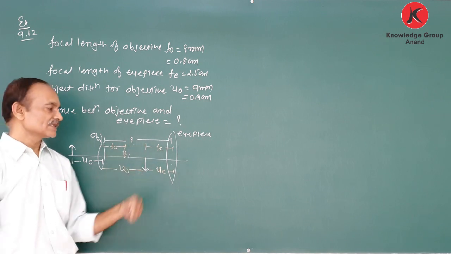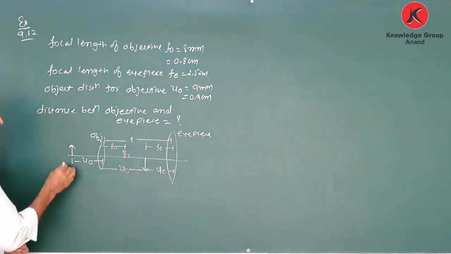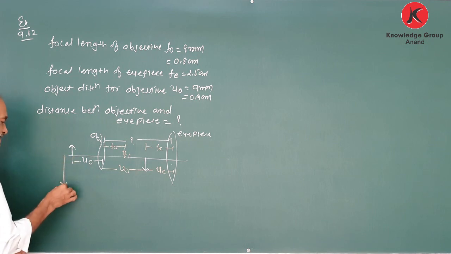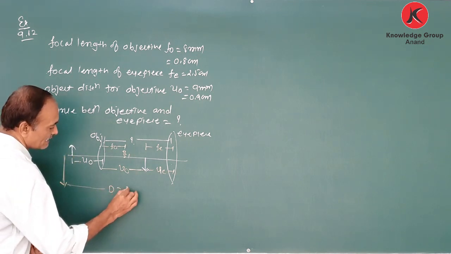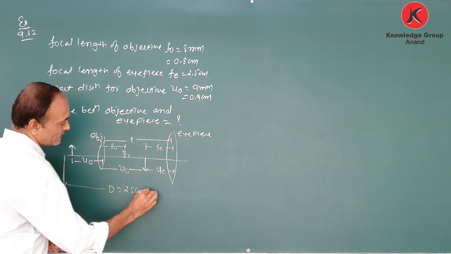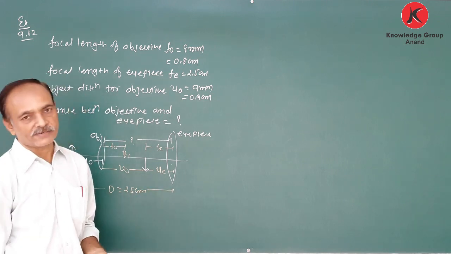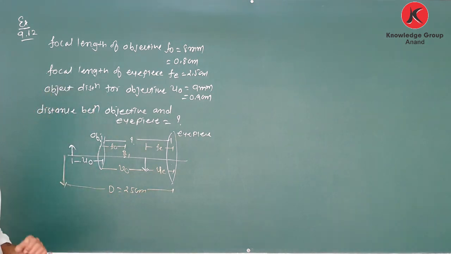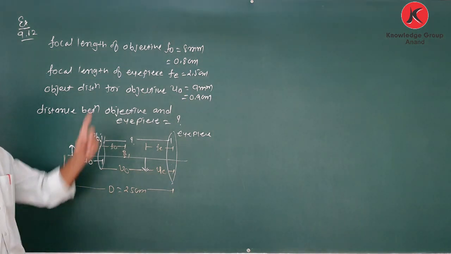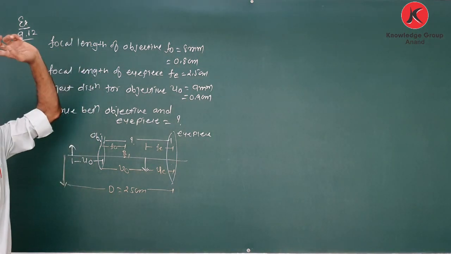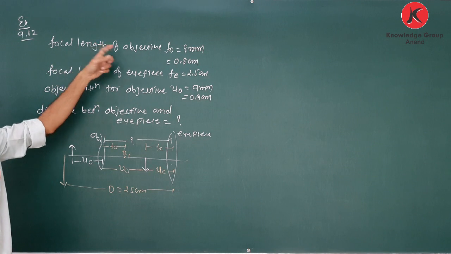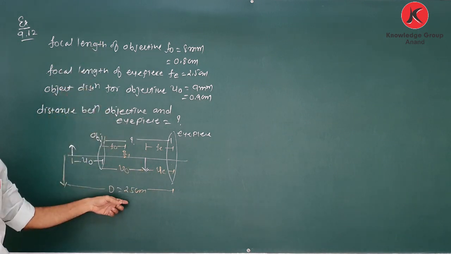For eyepiece, the final image is formed at distance D. D is given as 25 centimeter, because in the question a person with normal vision is given. Normal distance is 25 centimeter.